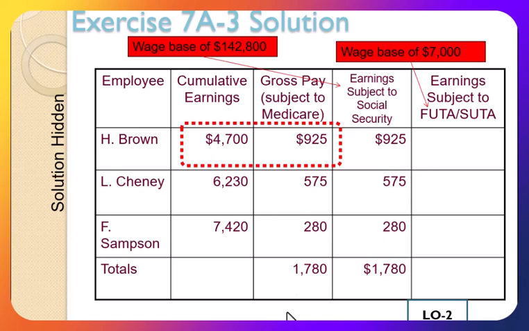So all of his earnings will be subject to both FUTA and SUTA. And then we can take a look at Cheney here. He is at 6,230. If you add 575, it will still be under $7,000. So all of his earnings are subject to FUTA and SUTA.